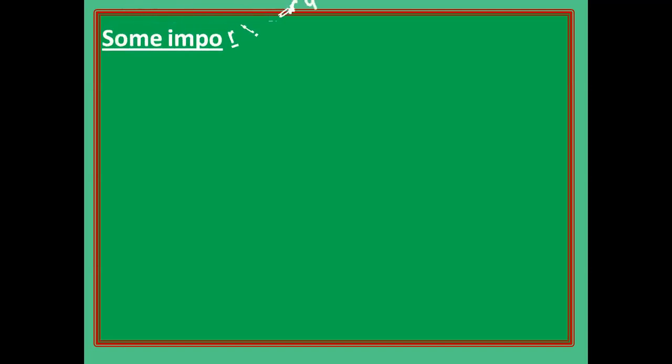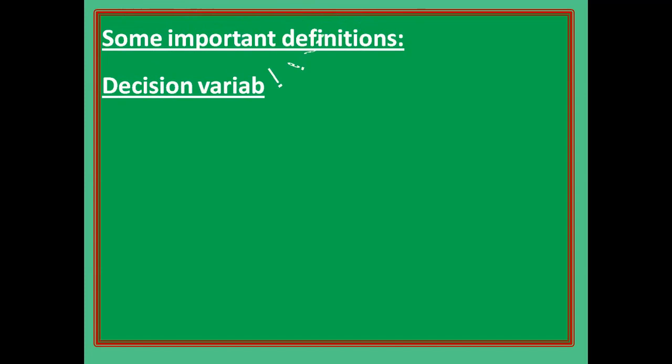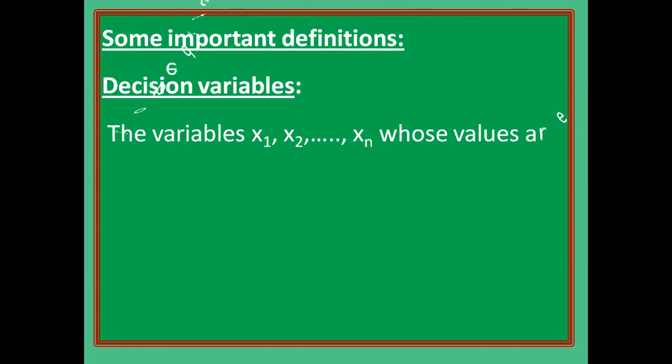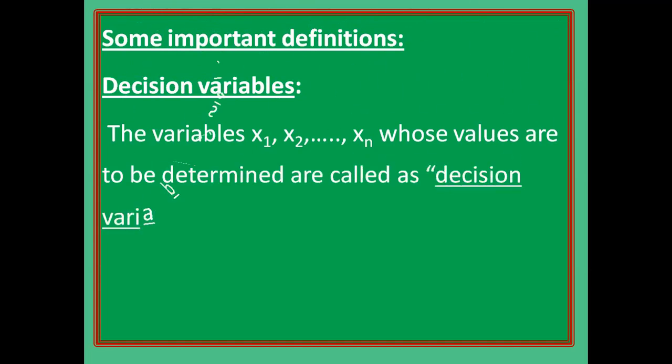Next, some more important definitions we had come across. Among them, the first one was decision variables. The variables x1, x2, so on up to xn, whose values are to be determined, are called decision variables.